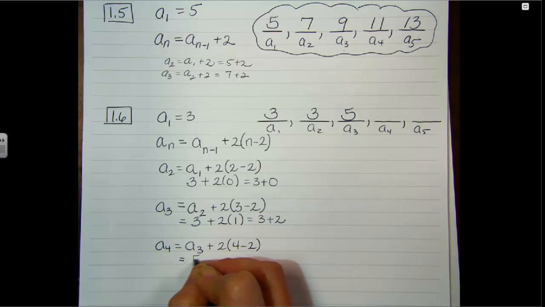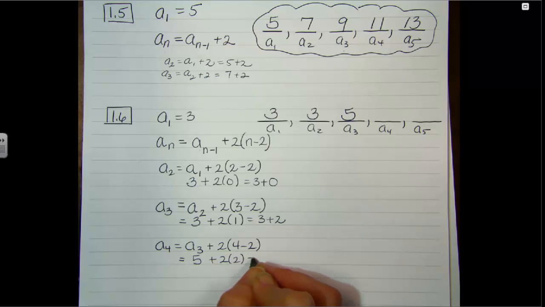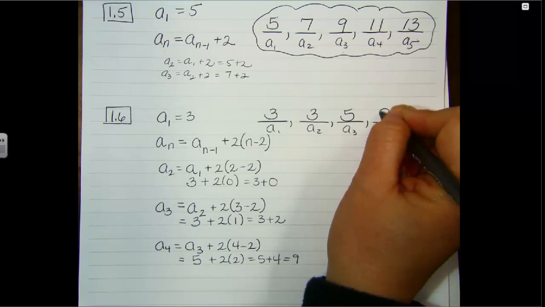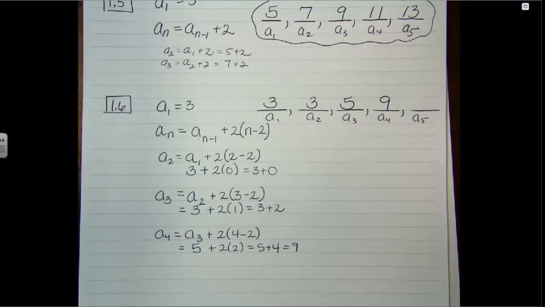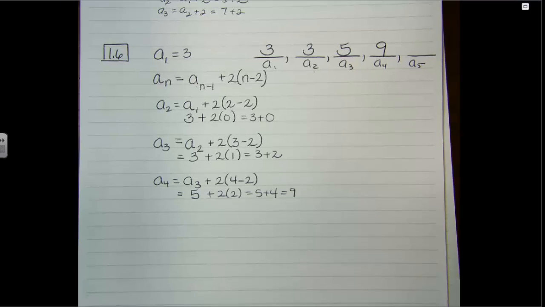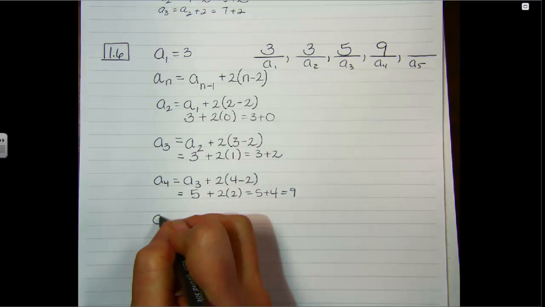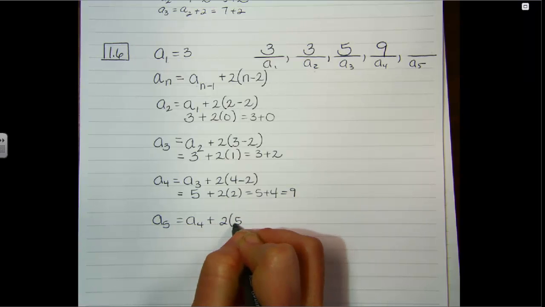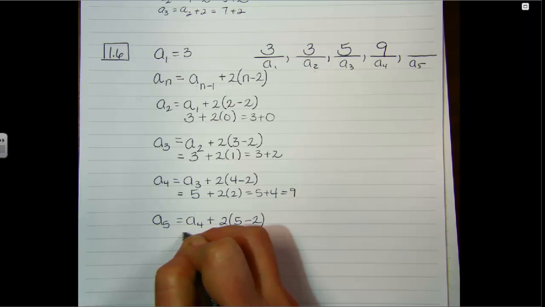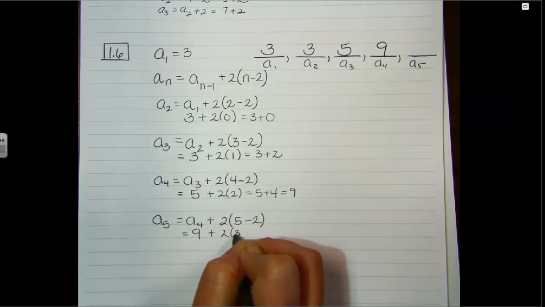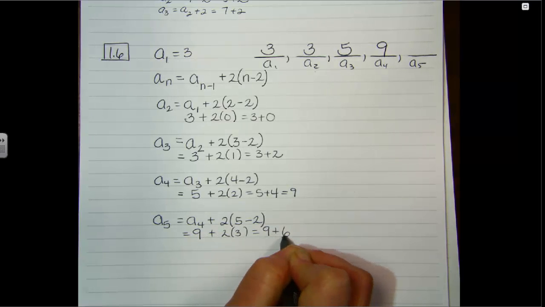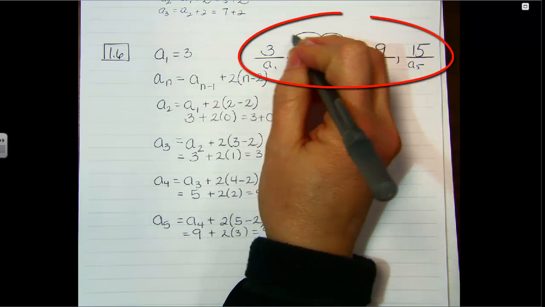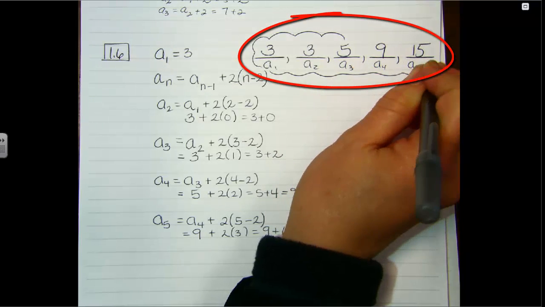The third term is 5, plus 2 times 2, 5 plus 4 is 9. And finally, the fifth term of this recursive sequence uses the term before it, the fourth term, plus 2 times 5 minus 2. Well, the term before it is 9, plus 2 times 3, 9 plus 6 is 17. And that's it. They're the first 5 terms of that recursive sequence.